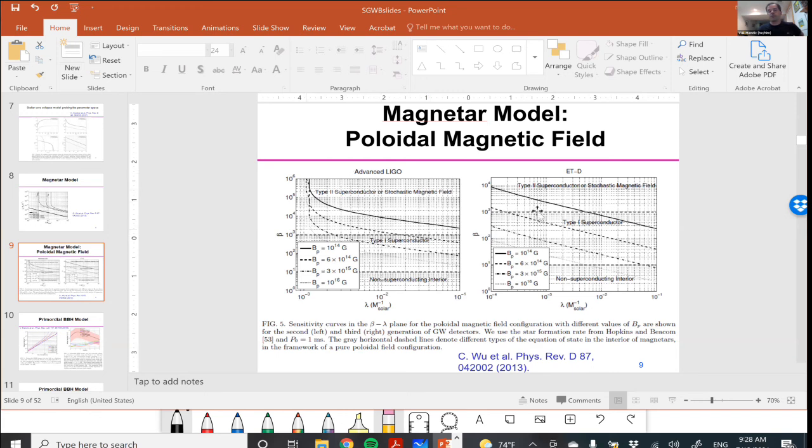And these two plots basically correspond to advanced LIGO and the Einstein telescope detectors. So that's yet another direction that one can take with these kinds of studies. If you assume a specific model for the magnetic field in magnetars, you can then start to constrain the actual equation of state in these systems.